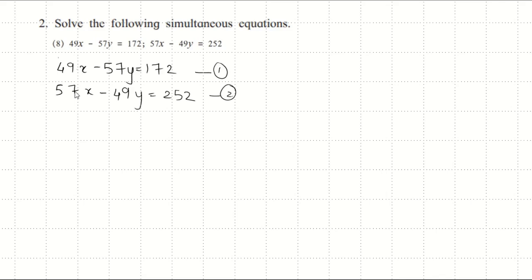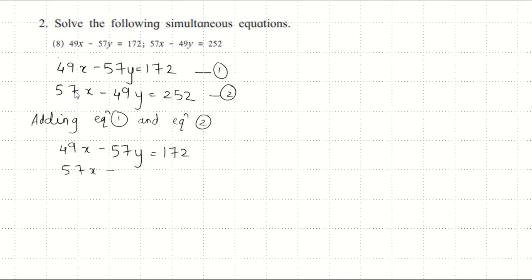So as we tried in the earlier example, first we will add, then we will subtract. Let's start with addition of both the equations, adding equation 1 and equation 2. 49x minus 57y is equal to 172, 57x minus 49y is equal to 252. On adding, we get 106x minus 106y is equal to 224.